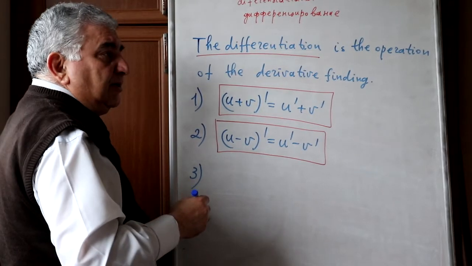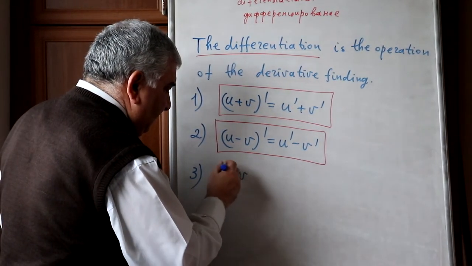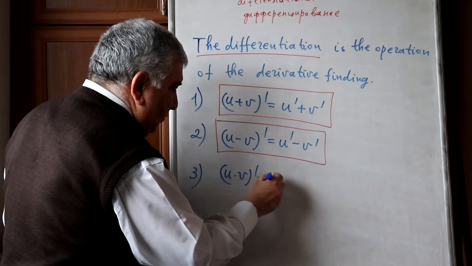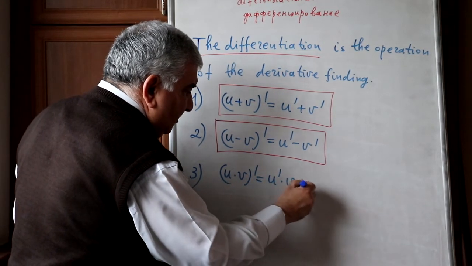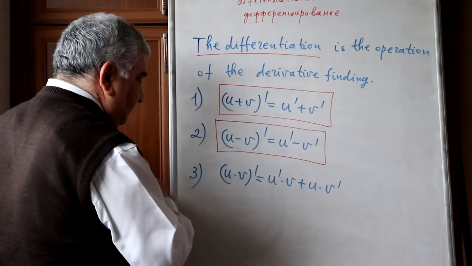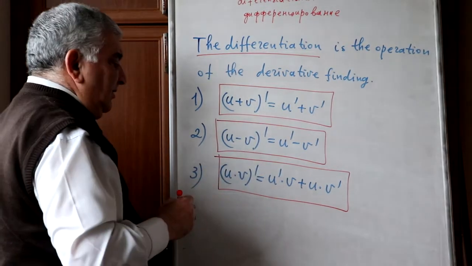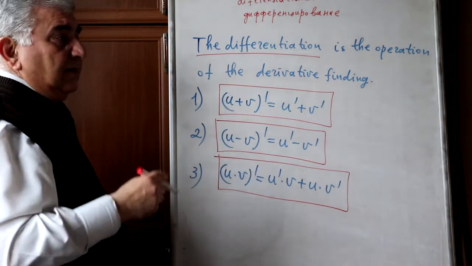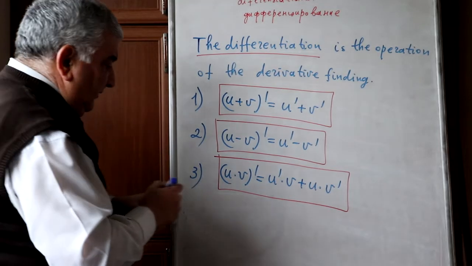Derivative of the product is defined by the following formula. u multiplied by v prime is u prime multiplied by v plus u multiplied by v prime. Here we will have three particular cases. 3a.